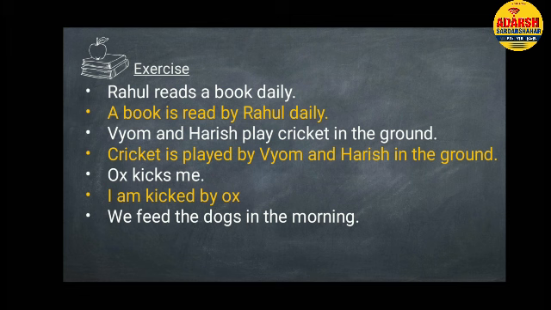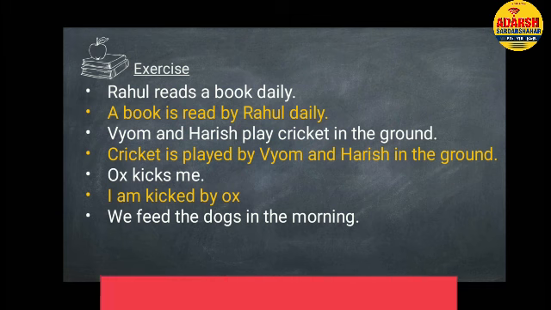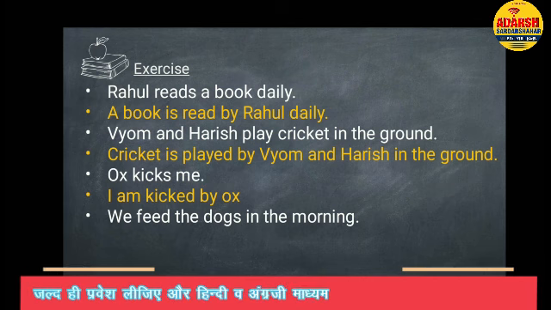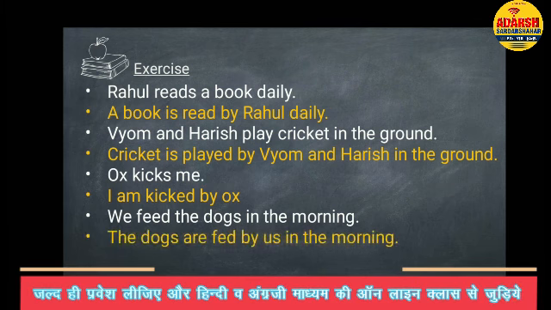So, we put the dogs, which is our object, in the place of our subject and change the main verb to the verb's third form and put by before our subject and put a suitable helping verb before our main verb. Again, let me repeat, we use a suitable helping verb. In this video, we are discussing only present simple. So, you have to check its tense also while you are changing its helping verb. Now, the passive of this sentence: the dogs are fed by us in the morning.